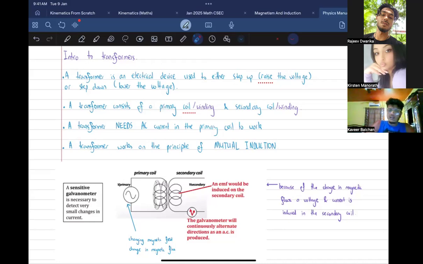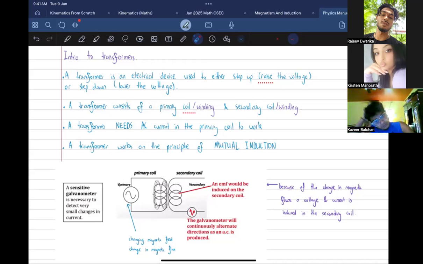I see you put an arrow over here. Is this the galvanometer? Where's the galvanometer in this diagram? This is the galvanometer, not over here. Now have an arrow going from the galvanometer to the node.